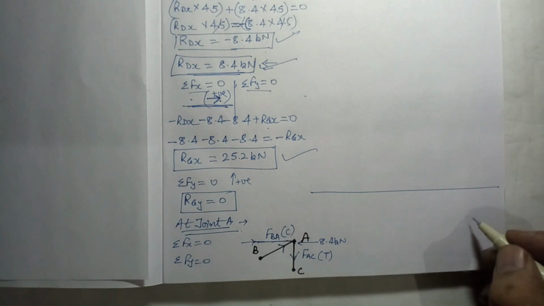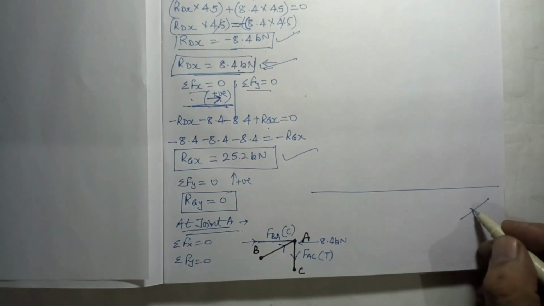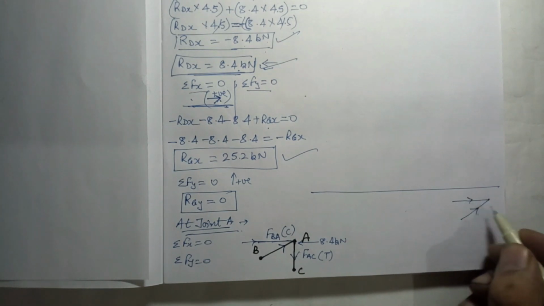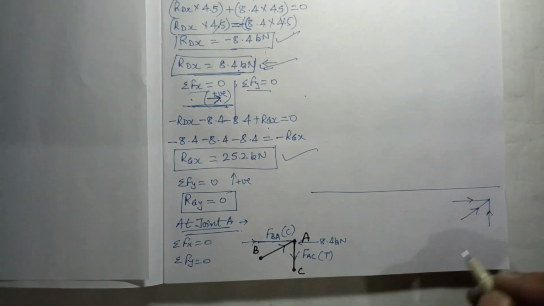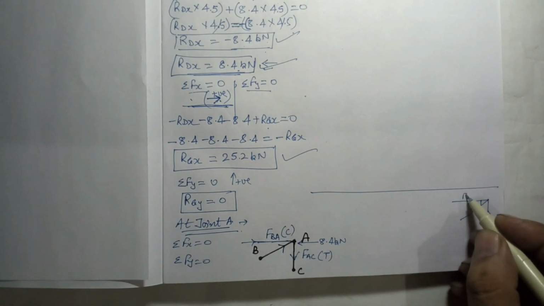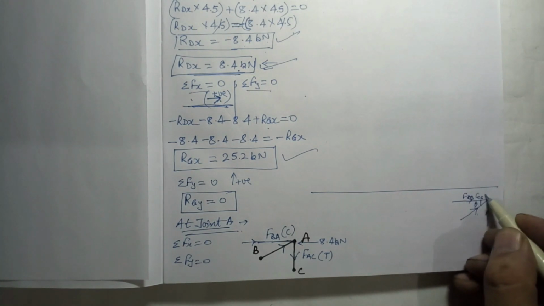I will draw it separately so that you can understand. This is the force and direction we assumed, so it will have one component on this side and another component on this side, right? If I say this angle is theta, it will be FAB cos theta.